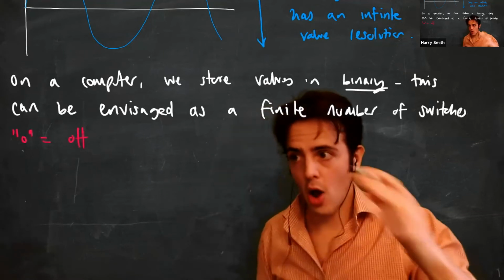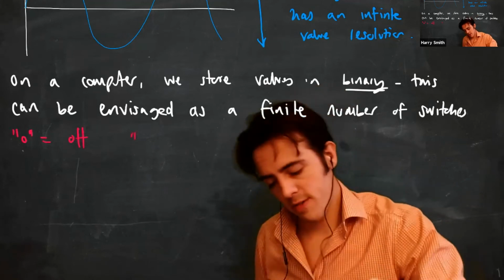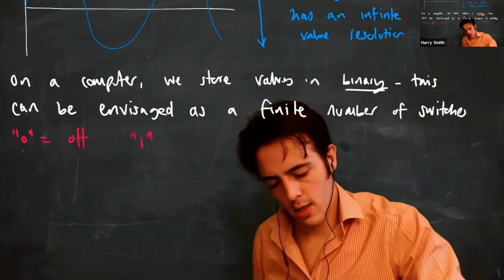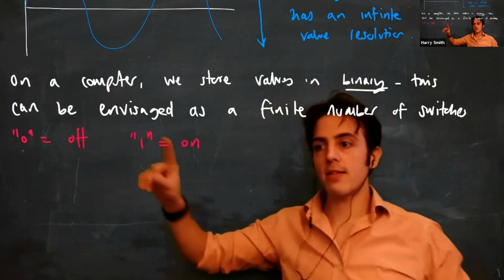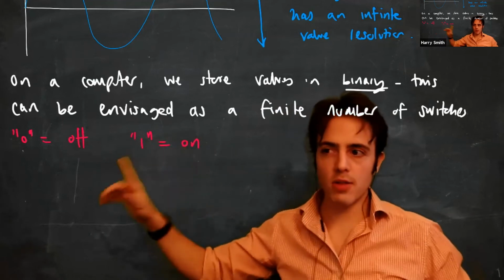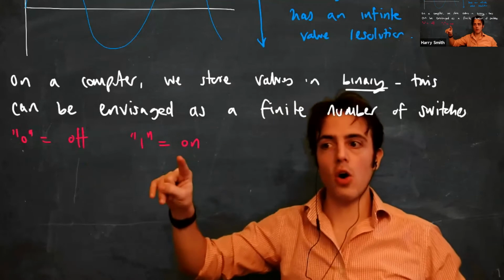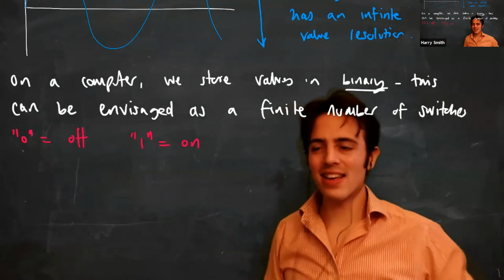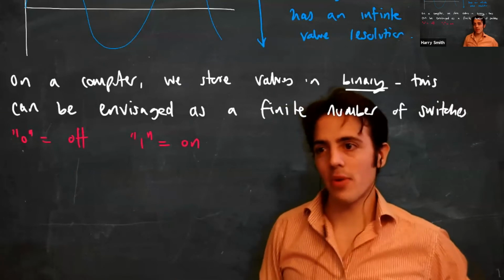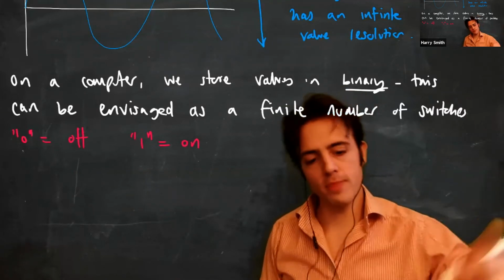So a 0 is off, and a 1 is on. Okay, I try and make the decision not to think of them so much as 0 and 1. We'll think about them as off and on. Because if you think about them as 0 and 1, there's a tendency to think about them as numbers, and they're not. They are off and on.